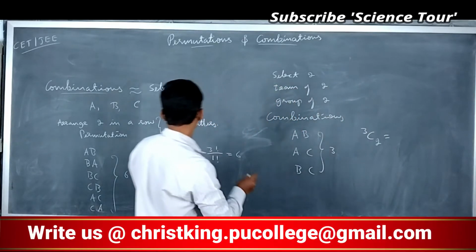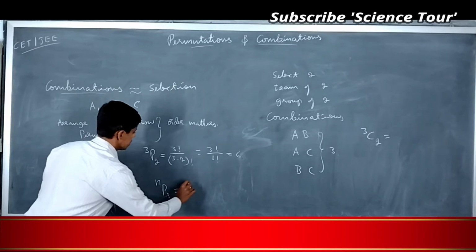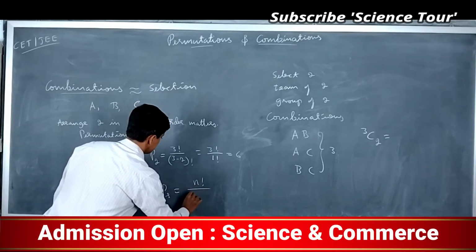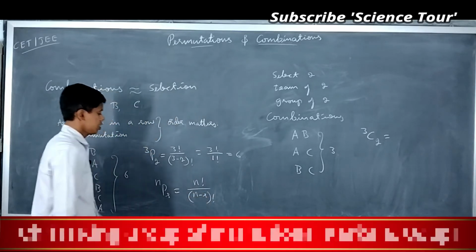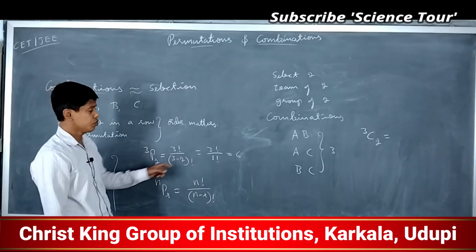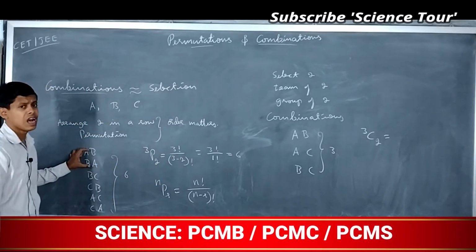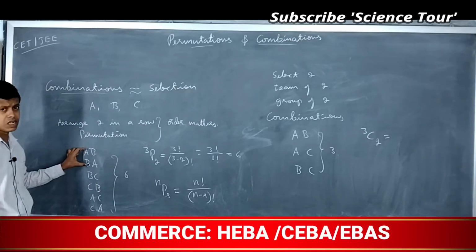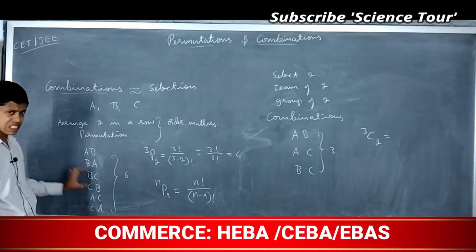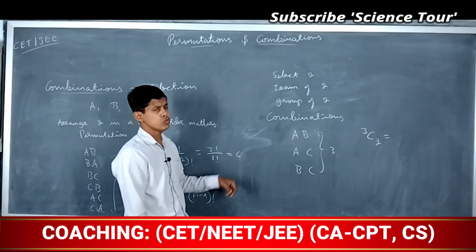Now this is based on the nPr formula. Now what is nPr? n factorial divided by n minus r factorial. So 3P2 is 6, but now 2 things are similar when you go to combinations. These 2 things are the same, these 2 things are the same, so you have to divide 6 by 2.